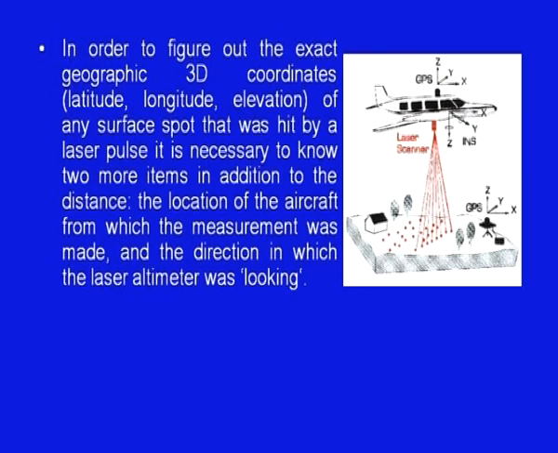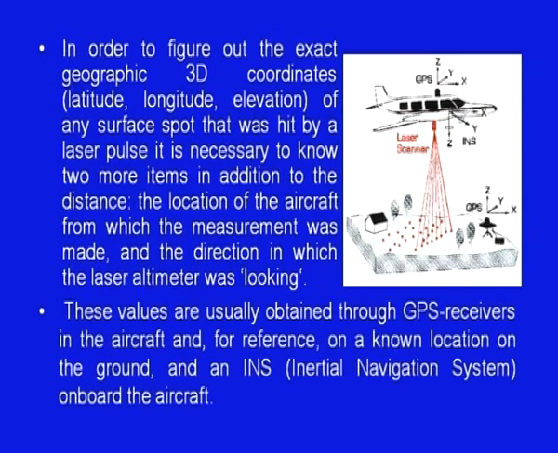In order to figure out the exact geographic 3D coordinates, that is latitude, longitude and elevation, of any surface spot that was hit by a laser pulse, it is necessary to know two more items in addition to the distance: the location of the aircraft from which the measurement was made and the direction in which the laser altimeter was looking.